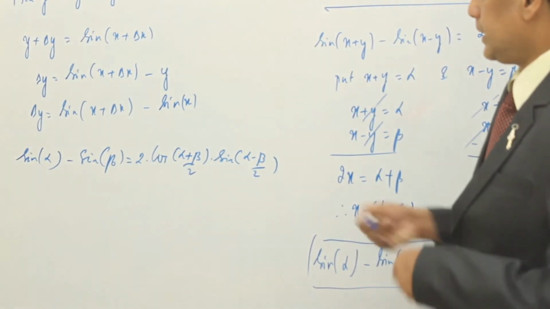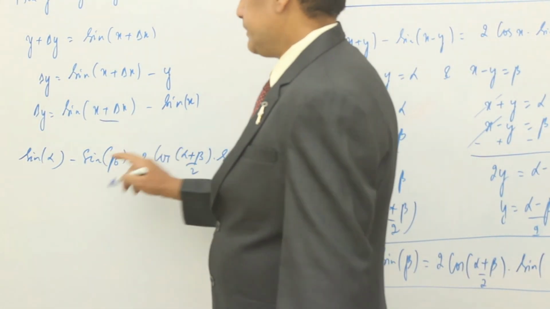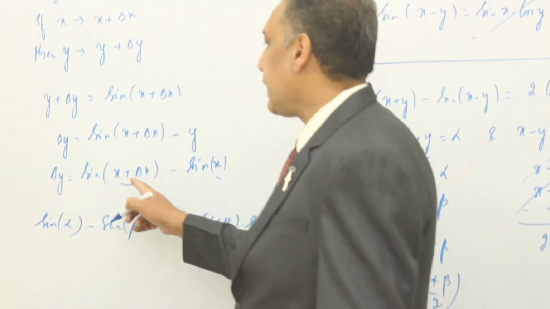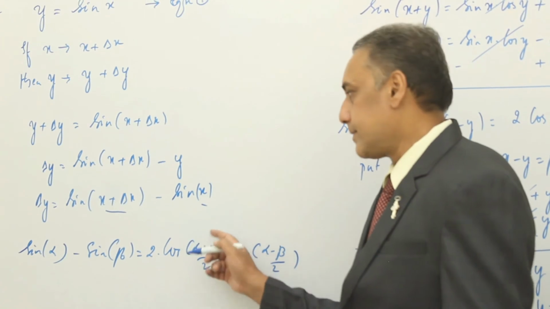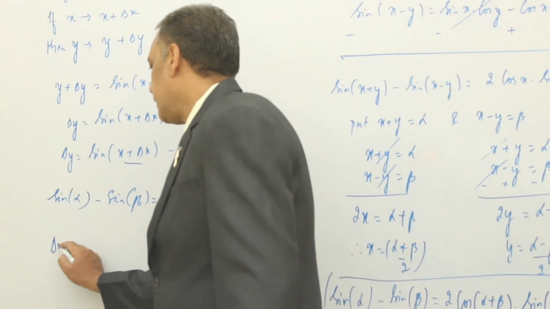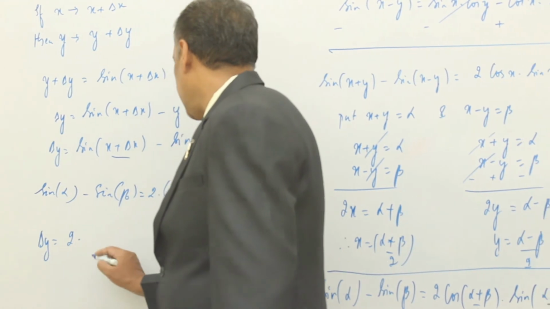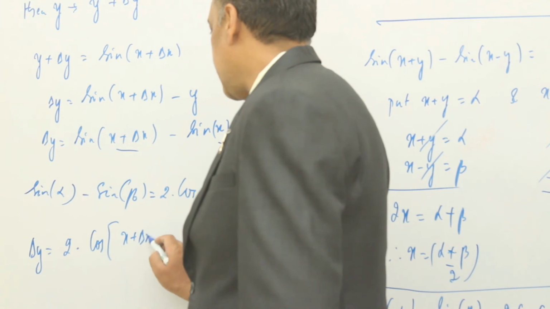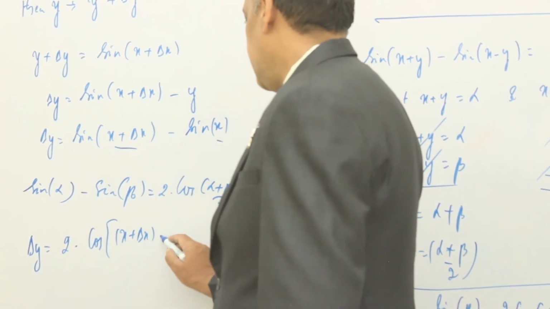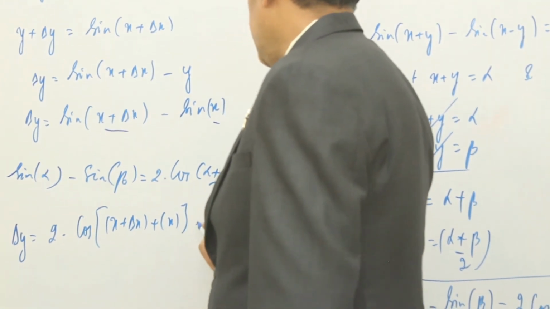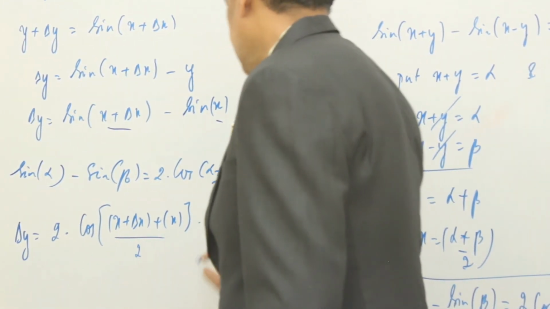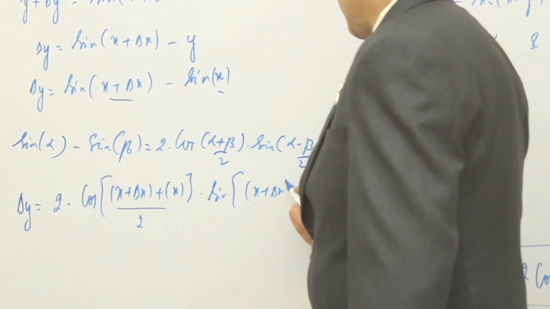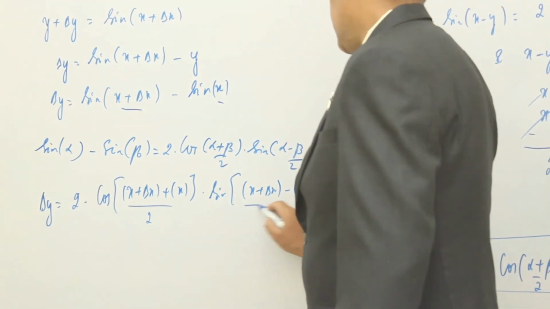So when you do that, alpha is x plus delta x. Beta is x. So in the place of sine of x plus delta x minus sine x, I write delta y is equal to 2 into cos of, in brackets, x plus delta x, the first part just like alpha, plus beta is x, whole divided by 2, into sine of x plus delta x minus x, whole by 2.